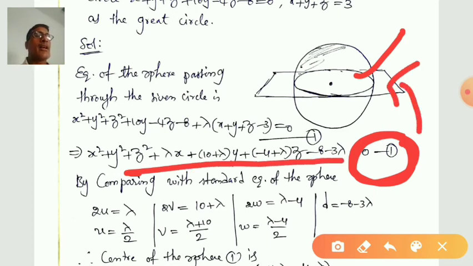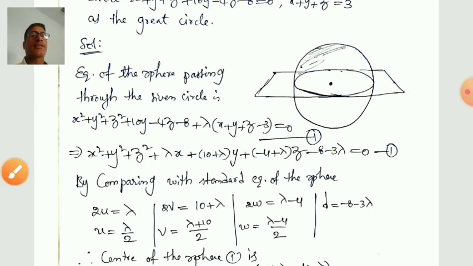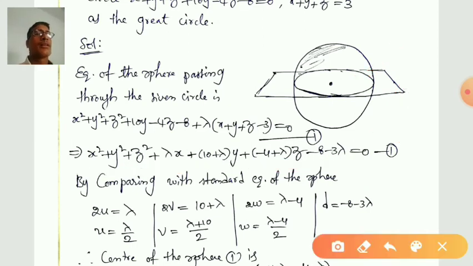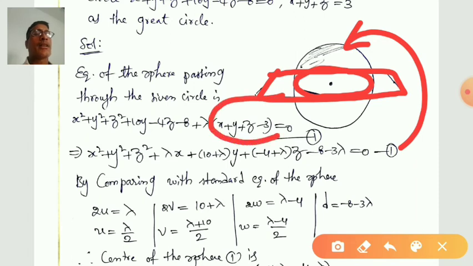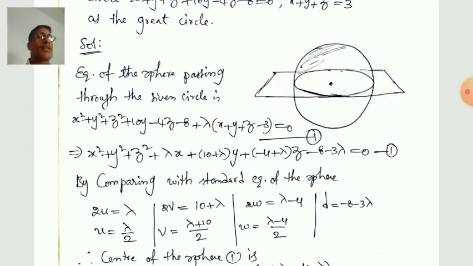Once again I am repeating. See this, this circle is a great circle to this sphere. This is sphere 1. So then what happens? The center of the sphere lies on this plane. That means the center of the sphere satisfies the equation of the plane, that is x plus y plus z minus 3 is equal to 0.